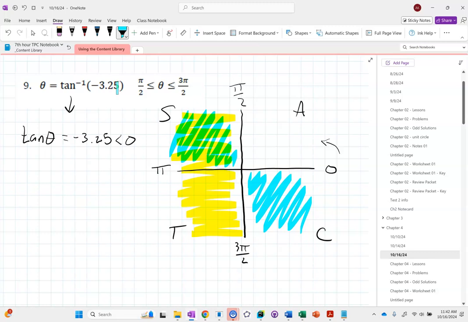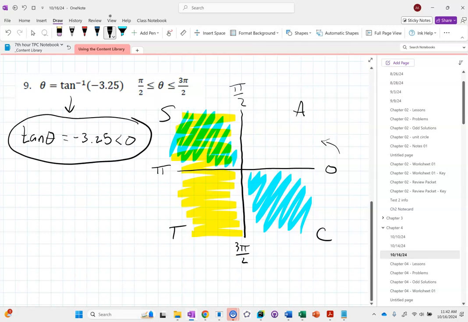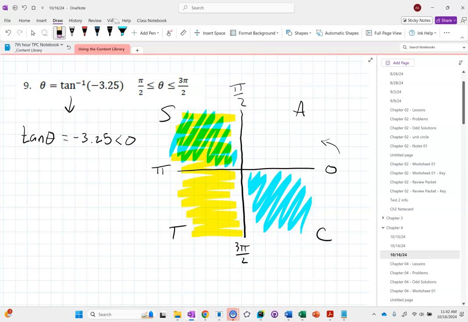What's that, Gabby? Why is it 2 and 4? So the letter tells you what trig function is positive in that quadrant. So S tells us sine is positive there, so cosine and tangent are negative. We're concerned with where tangent is negative. So 2 is one of those places. In quadrant 3, T tells me tangent is positive, so it can't be negative there.